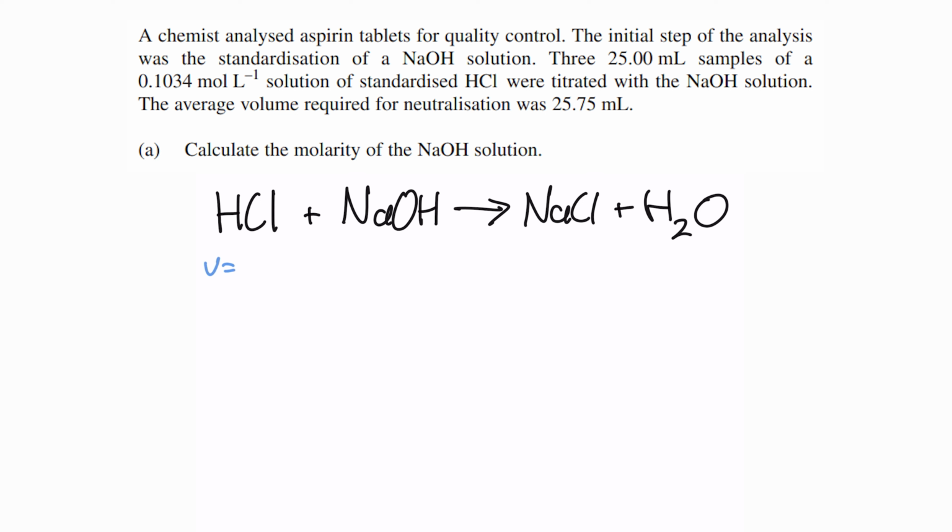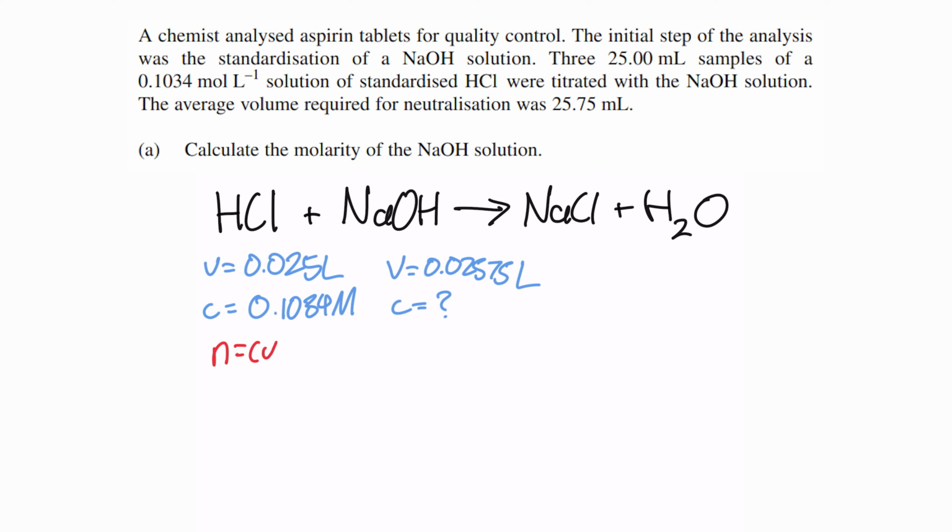So the volume of the hydrochloric acid is 0.025 liters. Its concentration is 0.1034 moles per liter. Our sodium hydroxide volume is 0.02575 liters, and their concentration is unknown.